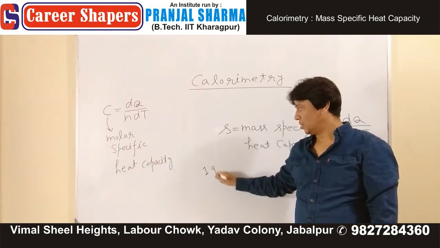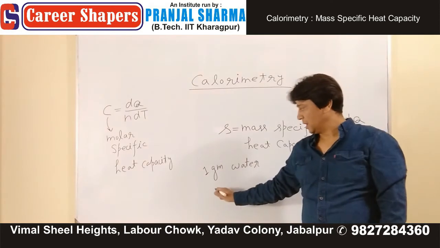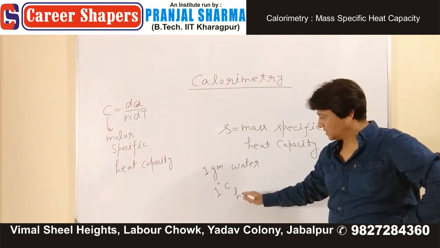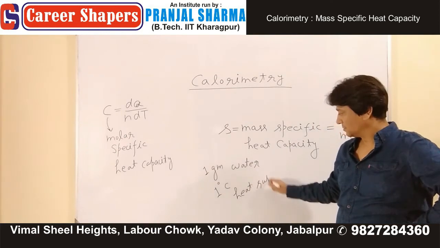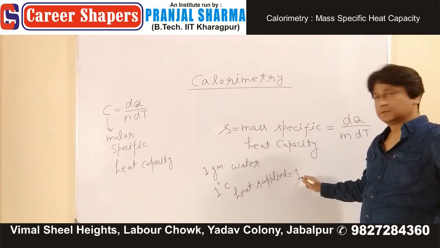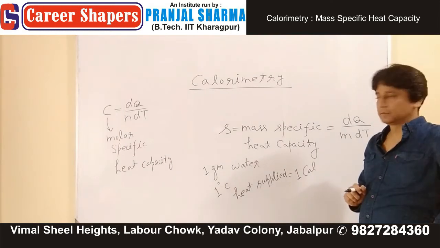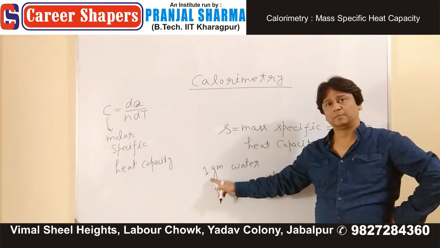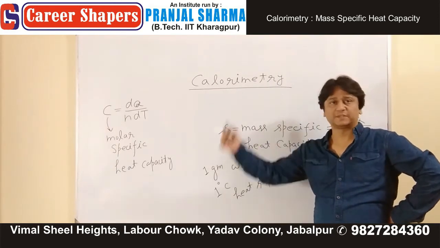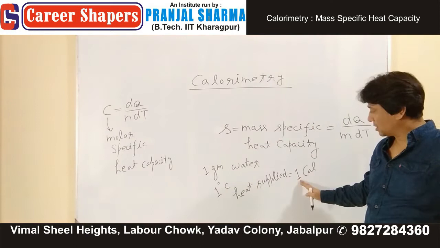If you have 1 gram of water, and you increase its temperature by 1 degree Celsius, then heat supplied is given a special name, which is 1 calorie. 1 gram of water, change the temperature by 1 degree Celsius, the amount of heat which is received by this water body is called what? 1 calorie.